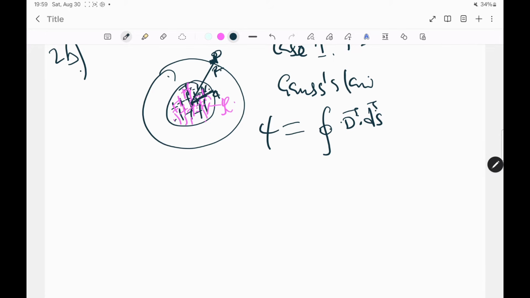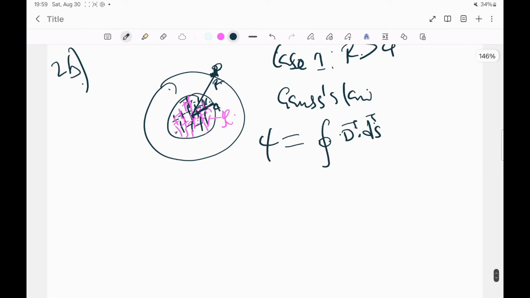Now we have to take some notes of this. A sphere is considered to be a spherical object. So the component of the electric flux density that is going to be emanating out of the sphere is going to be normal to the sphere.